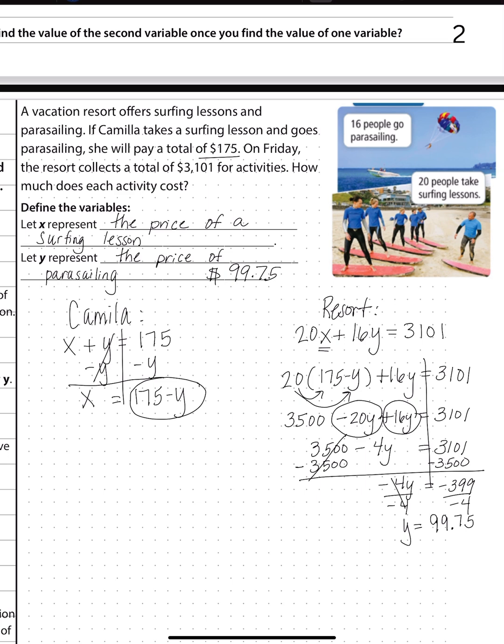We're going to take this information, substitute it back in for Y in Camila's original equation, and solve for X. So X is equal to 175 minus the value of Y, which we found out to be 99.75. Therefore, X is equal to 75.25, meaning that the price of a surfing lesson is $75.25.